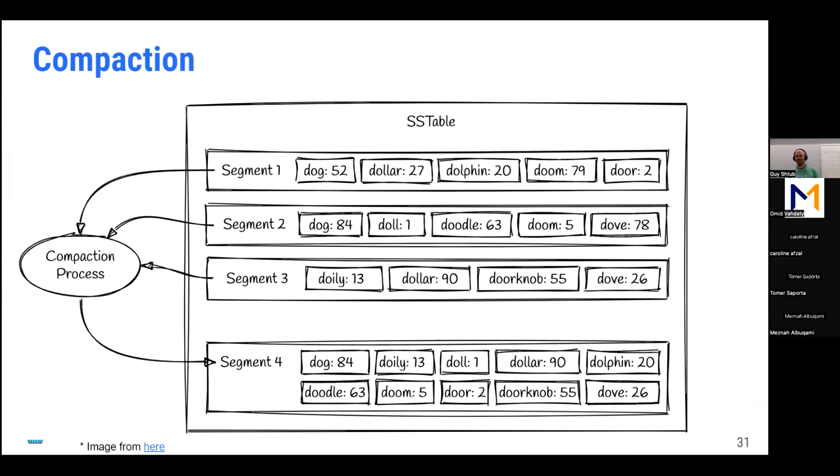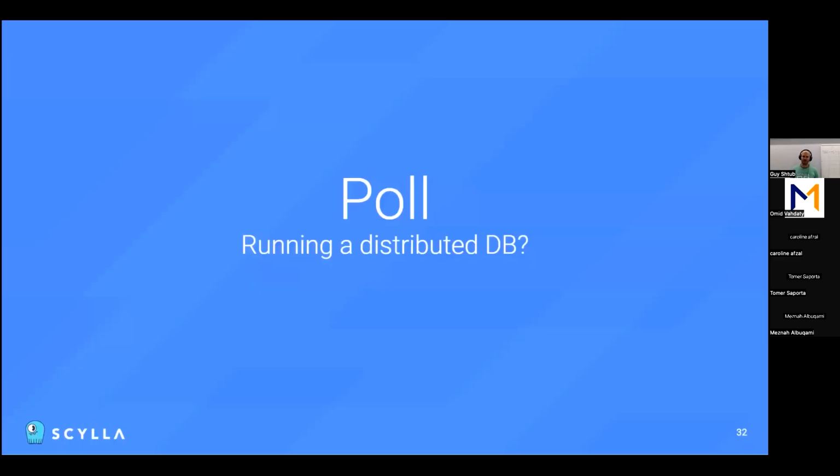Okay, so again, these are sorted. So even though it happens in the background, because they are sorted, we can easily check which values exist. The compaction is a process that takes some computing strength, but because the segments and the SS tables are sorted, it's relatively straightforward to perform it.